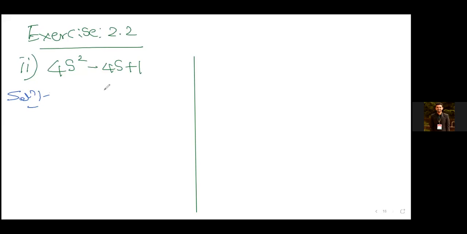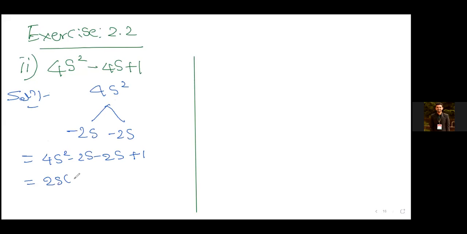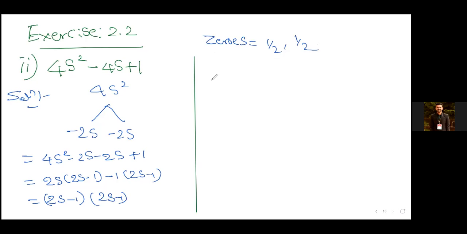This can be factorized as 4s square minus 2s minus 2s plus 1, and 2s into 2s minus 1 minus 1 into 2s minus 1 is 2s minus 1 into 2s minus 1, and zeros are 1 by 2, 1 by 2.